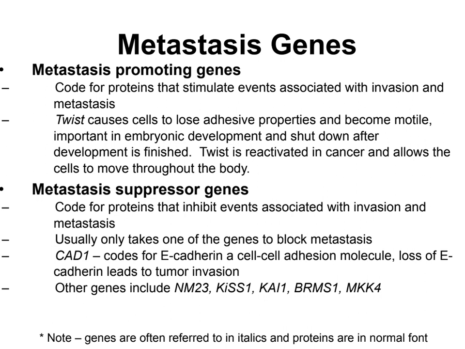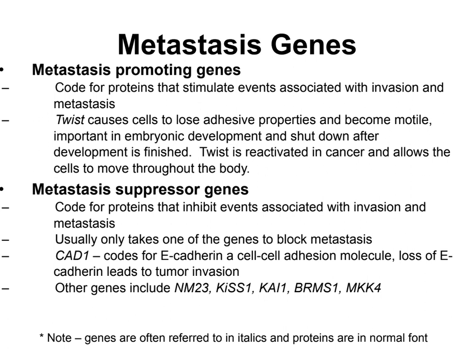An example talked about here is twist. Twist can cause cells to lose adhesive properties and to become motile. Twist is very important for embryonic development. If you think about the embryo developing, especially during gastrulation, we have those cells actually moving around.